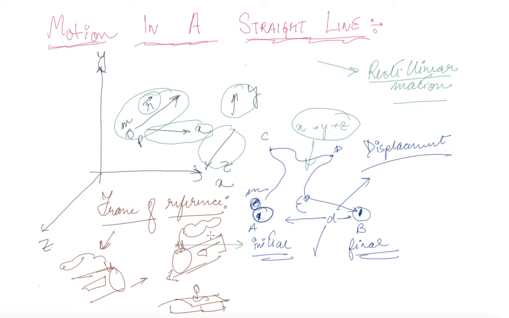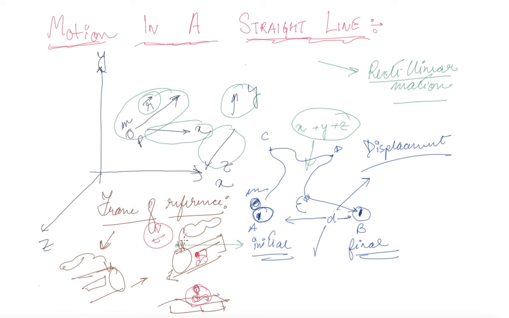Now if you observe, this person is sitting outside the frame of reference, compared to the person who is sitting inside the frame. So what a person observes inside the frame is quite different from what a person sitting outside observes. Let's have a look at why. Now suppose a person is sitting inside the moving train, moving with the velocity v.